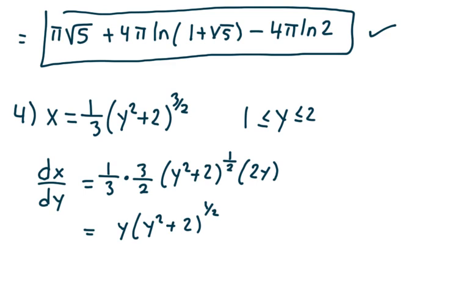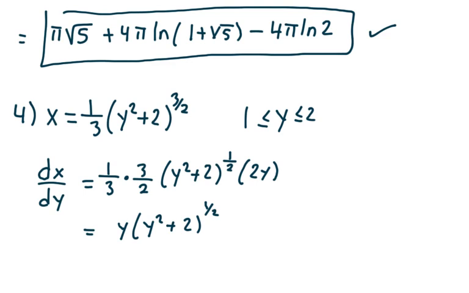In example 4, notice that we have x as a function of y. So here, x equals 1/3 times (y squared plus 2) to the 3/2, where y is greater than or equal to 1 and less than or equal to 2.